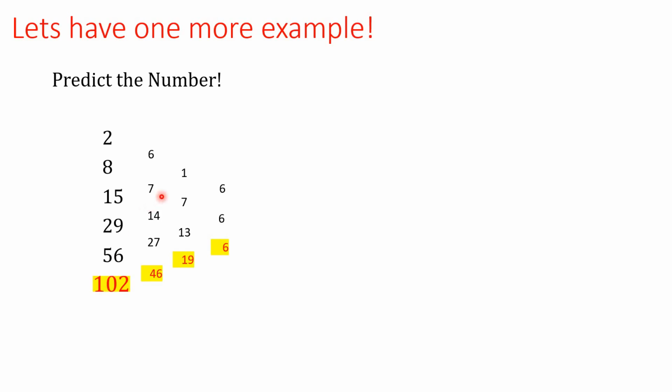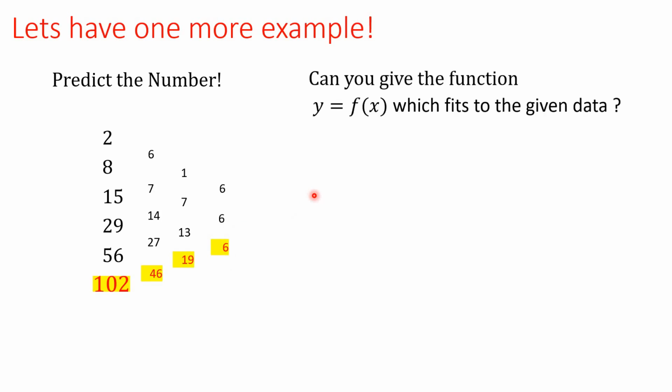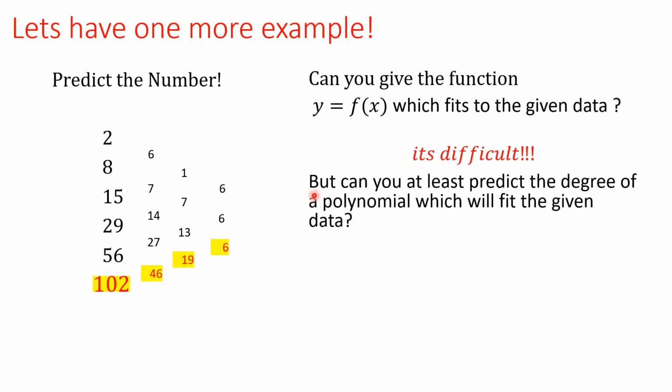What should be the polynomial which fits given data, as the third difference is constant? Alright, so there must be a third degree polynomial which fits given data, right? It may be difficult to find which polynomial, but at least we can say there should be a polynomial of degree 3, right?